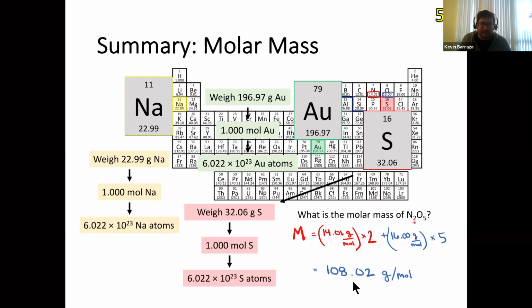So again, it's connecting the amount of a substance in particles to its mass. And that's a really great thing to be able to do, since atoms are so tiny, we can't count them individually.